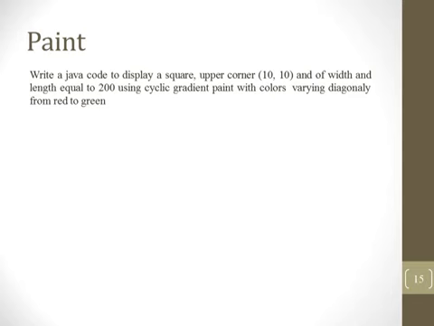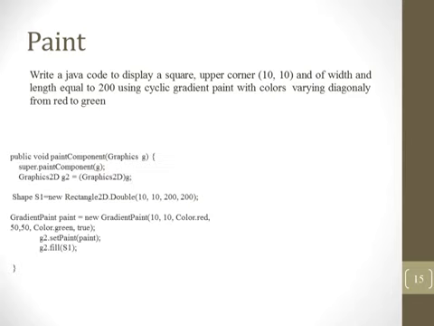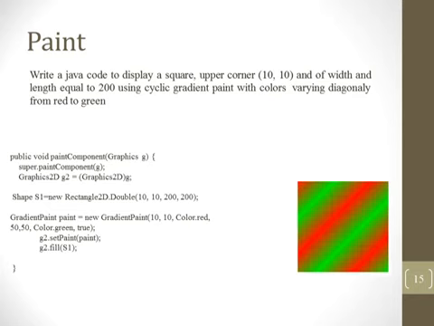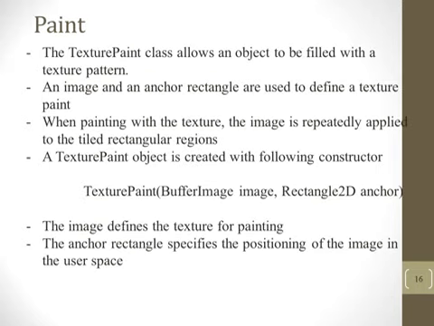The pattern is cyclically repeated. The ellipse is filled with a texture paint by the defined image from a URL page, and a text string is drawn with acyclic gradient paint. The gradient paint changes the color from white to black. The color pattern does not repeat.